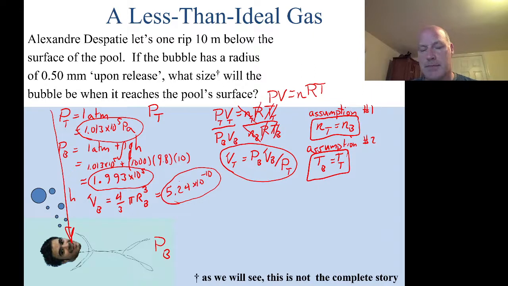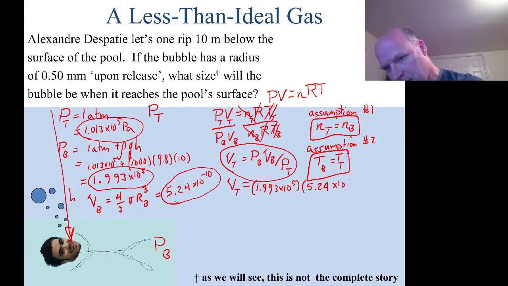We get that the volume at the top is going to be equal to, let me see, pressure at the bottom, 1.993 times 10 to the 5, times volume at the bottom, 5.24 times 10 to the minus 10, divided by the pressure at the top, 1.013 times 10 to the 5 Pascal. Oh, I'm not plugging the units. All the units are correct.